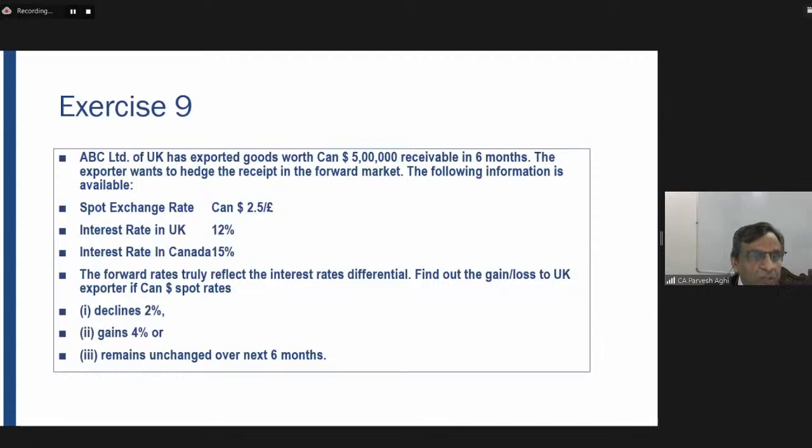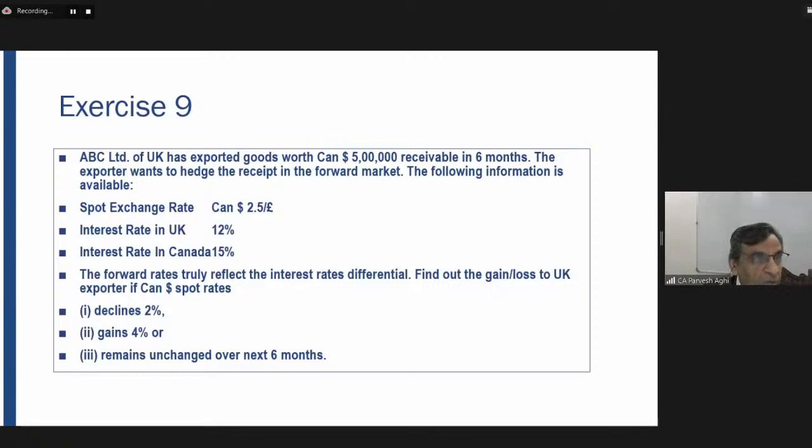The pound is going to appreciate by 1.5% over the next 6 months, because the interest rate differential is 3% per annum and the money is received after 6 months. So the Canadian dollar is going to decline by 1.5%. But it has declined by 2% in the first case.